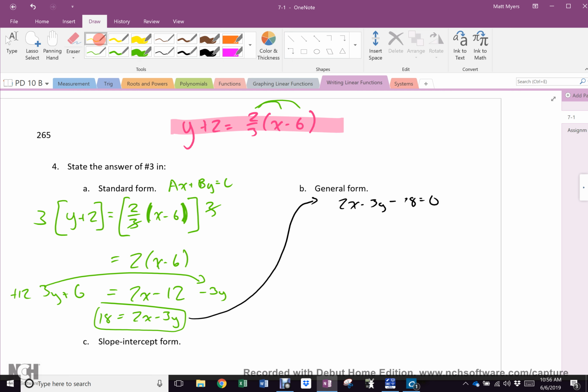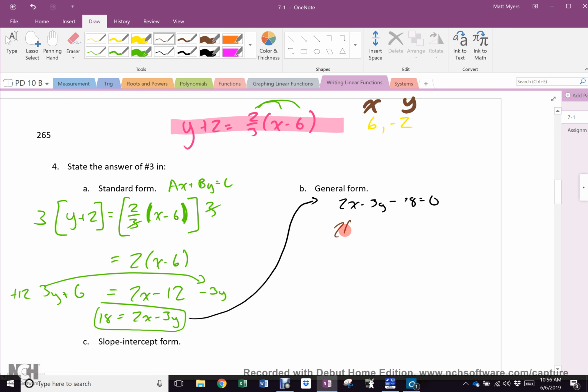What point do you know is on this line? 6, negative 2. Right? We know that's on the line, don't we? That 6 is an x, is it not? That negative 2 is a y, is it not? What do you see there?